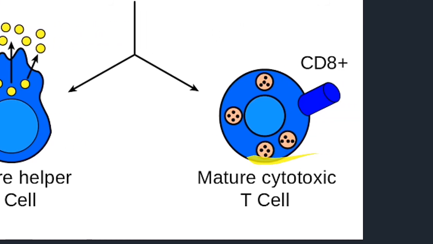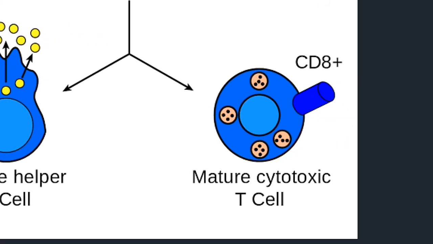And here we also have my mature cytotoxic T cell. These are the ones that go around and actively eat up all of the other cells that have the similar antigen presentation.